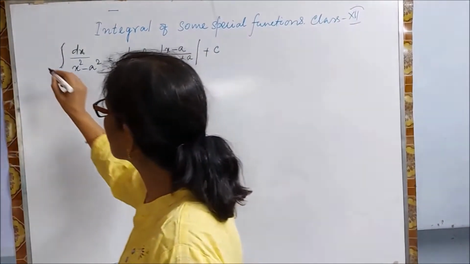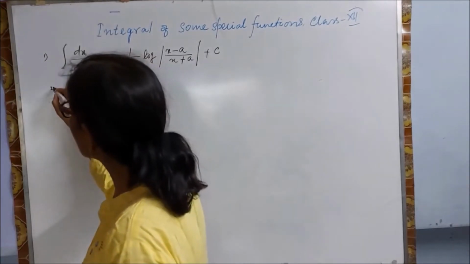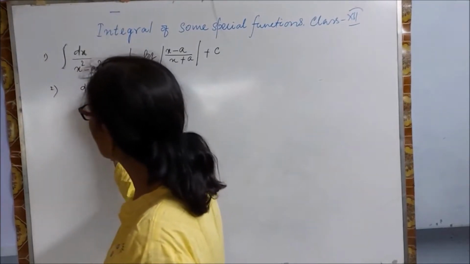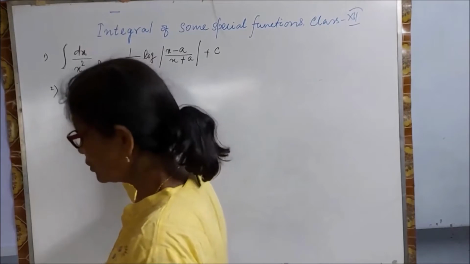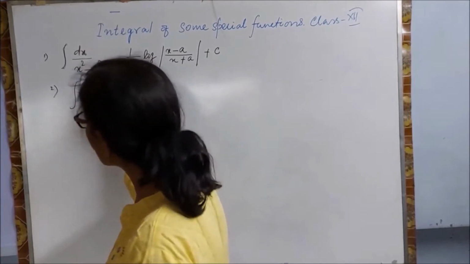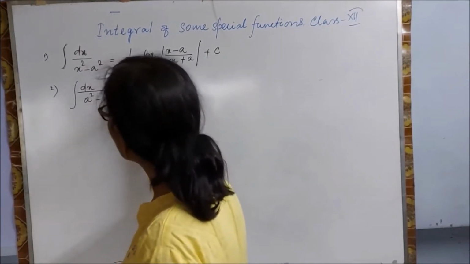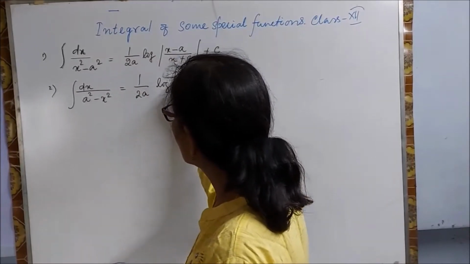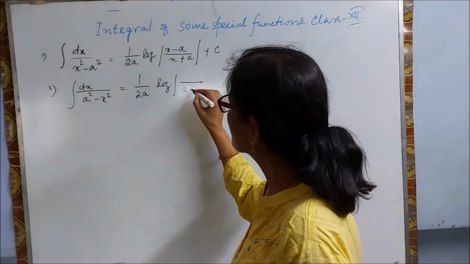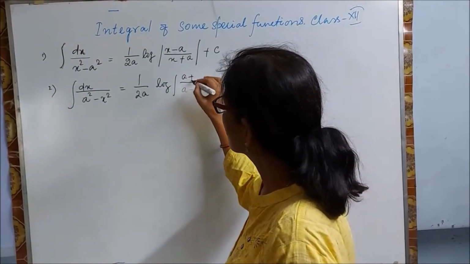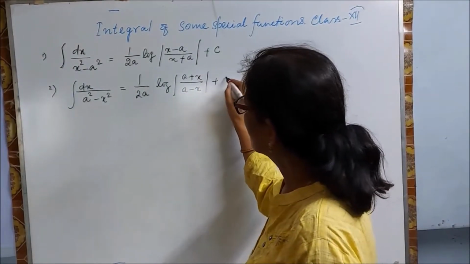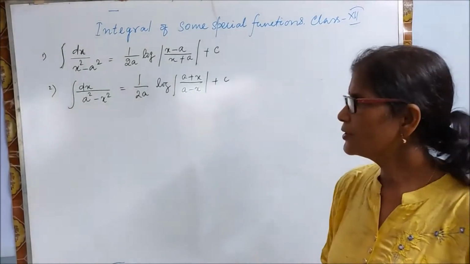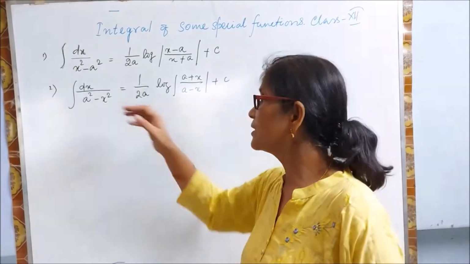So next, this is number 1. Second is dx by a square minus x square, that will be 1 by 2a log of (a plus x) by (a minus x) plus c. You may have a confusion that this is the same as the first one.